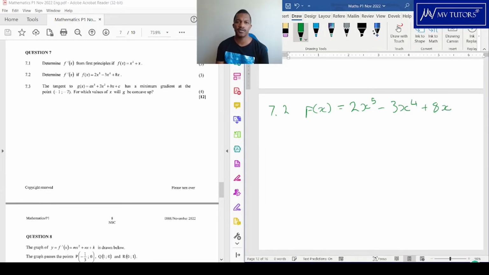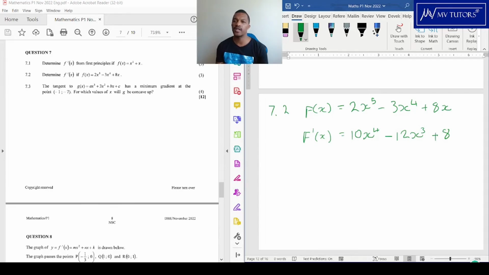Now for the derivative, bring down the 5, it becomes 2 times 5, which is 10x, and then 5 minus 1, it's 4, minus 4 times 3, that's 12, x to the 4 minus 1, that's 3, plus 1 times 8 is 8.